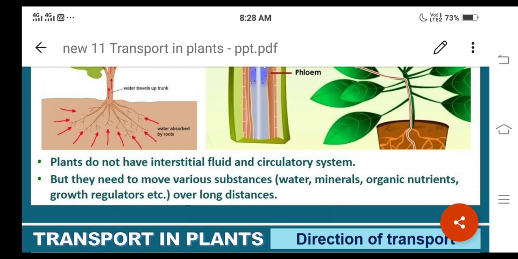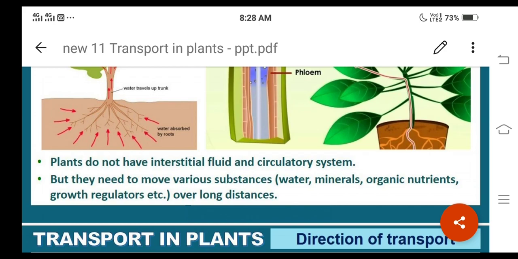Plants do not have interstitial fluid and a circulatory system. In the case of animals, remember, there will be interstitial fluid as well as a circulatory system to move substances, but there is no such system in plants.